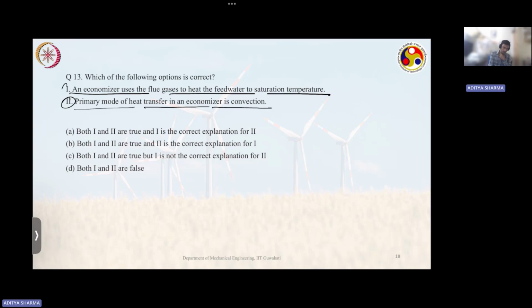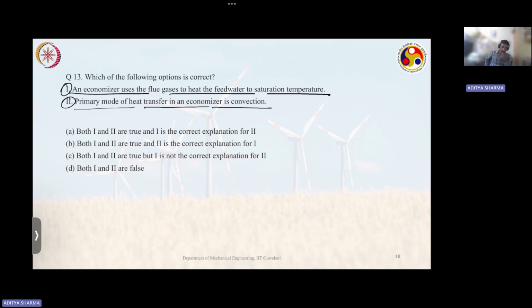Okay. So now let's see the question options, what the options say. So both 1 and 2 are true, and 1 is the correct explanation of 2. So in terms of explanation, we need to tell whether there is a linkage between statement number 1 and statement number 2.